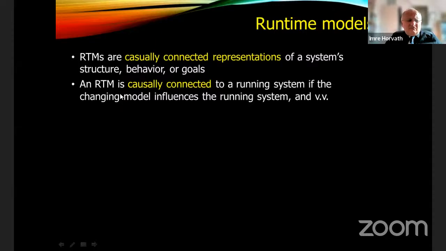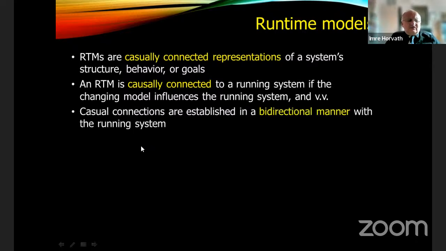A runtime model is causally connected to a running system, so it assumes that the system is operating throughout its life cycle, and if the model is changed automatically or in whatever way, it influences the operation of the running system and vice versa, because if the running system changes, then the model is supposed to adapt to that.